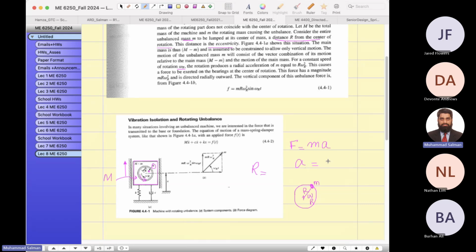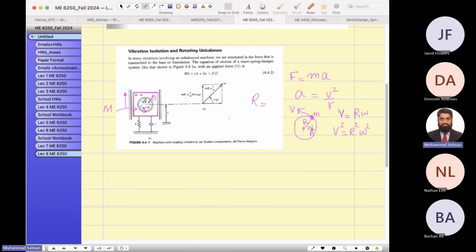Centripetal acceleration is also known as v squared over R, where v is the tangential speed, which can be written in terms of omega as v equals big R omega. If you take the square of this, you get R squared omega squared, and you can plug it in.